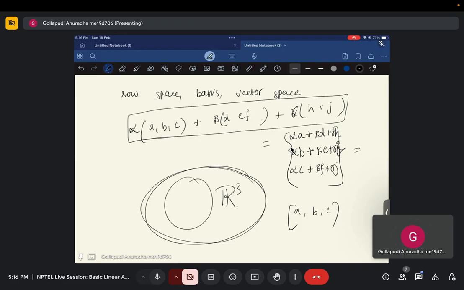Do you believe that if two matrices have the same row reduced echelon form, then they generate the same vector space?